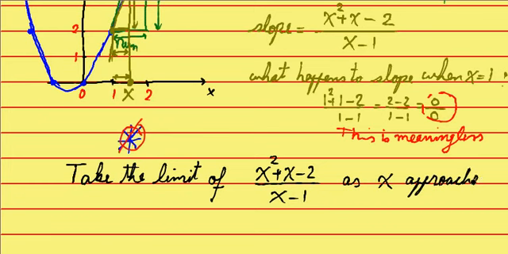approaches 1. Once again, this is a type of phrase you need to understand. You're going to hear sentences like this over and over again. Taking a limit of an expression when the variable in that expression approaches some number. What does that mean?